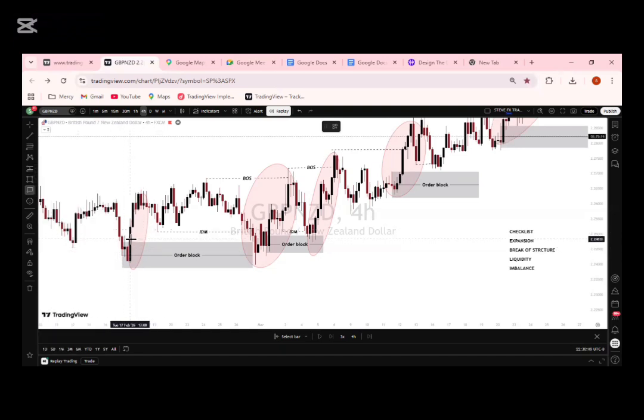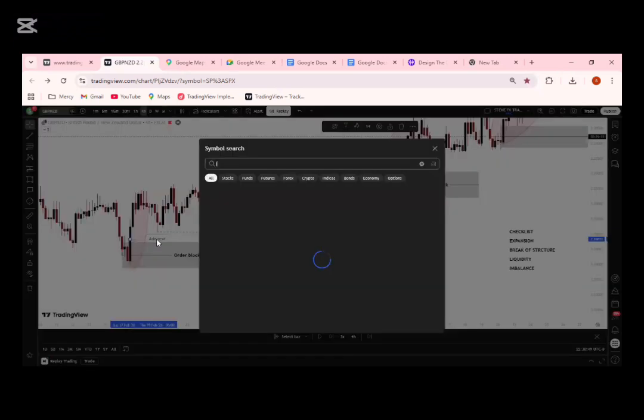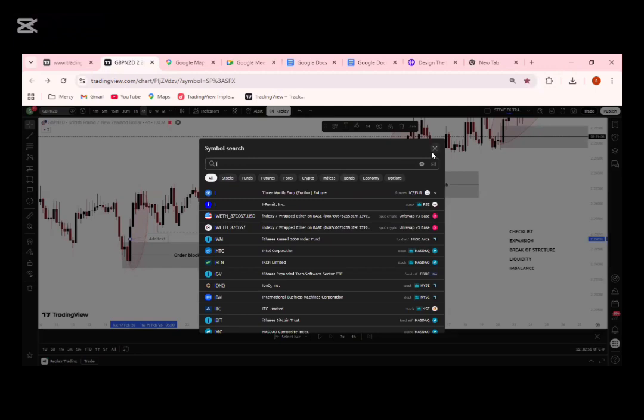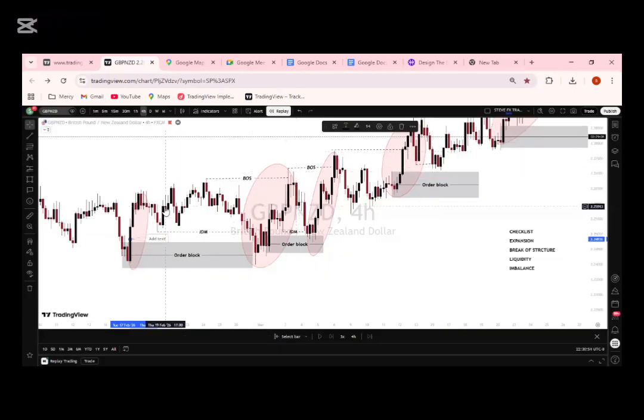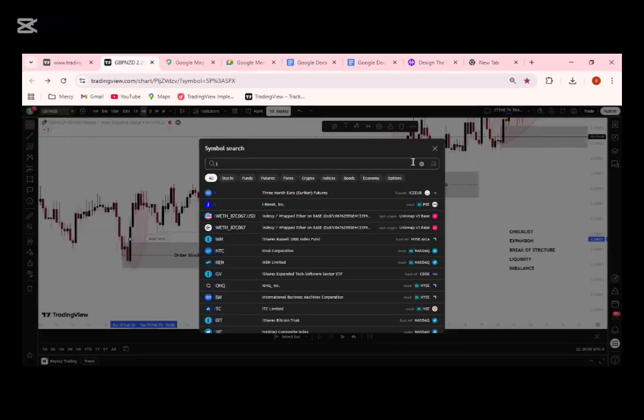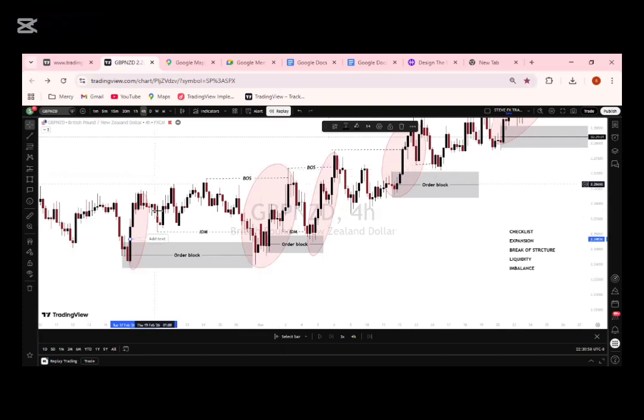All right, this one was having an imbalance over here, or inefficiency was being created around that particular zone.